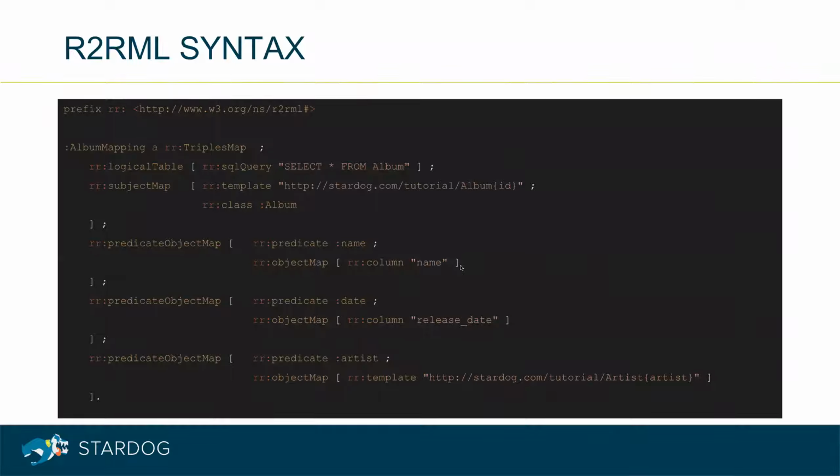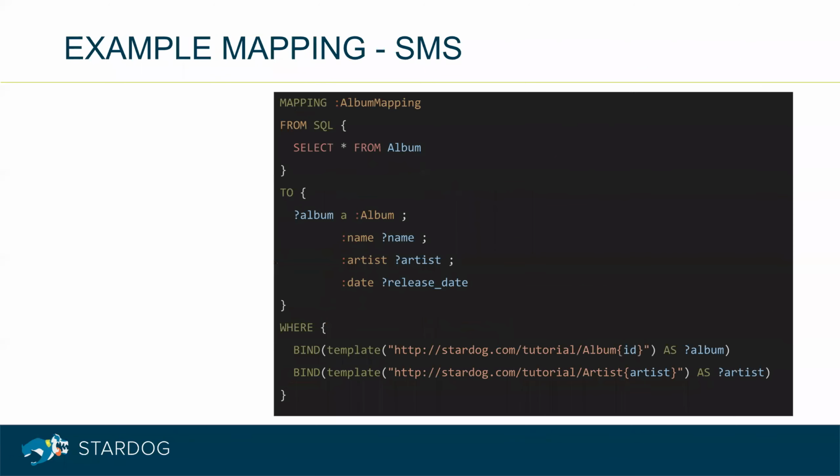So in Stardog, we provide a more concise way of writing these mappings that we call Stardog Mapping Syntax. The syntax extends the SPARQL syntax and is a little easier to write. But we also support automatically translating the mappings between the SMS syntax and R2RML, so you can go between these two syntaxes.